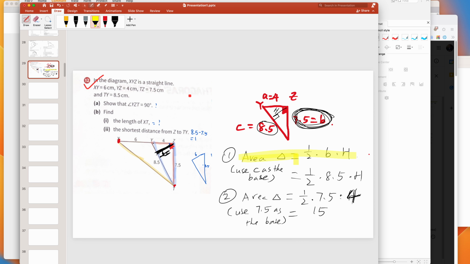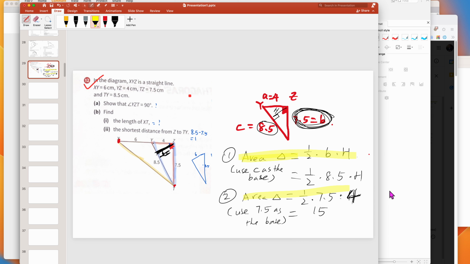Method 2? Finding the area. Area of what? The triangle. Good. So both methods can help you find the area of triangle. But what is the difference between method 1 and method 2? Method 1, they use 8.5 as the base.